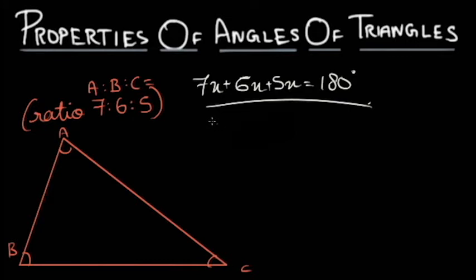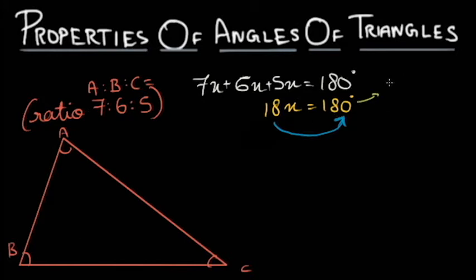This makes 7x plus 6x plus 5x, which is 18x. 18x is equal to 180 degrees. Now, since 18 into x is equal to 180 degrees, we need to take 18 to the other side and leave x so that we can find the value.